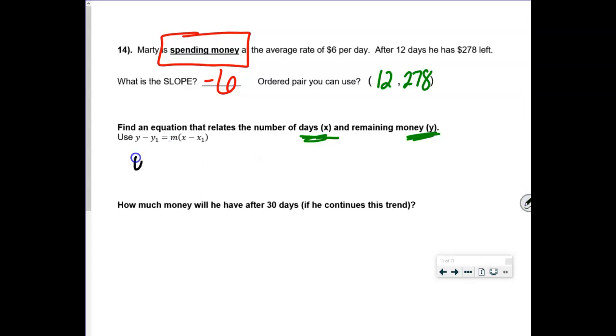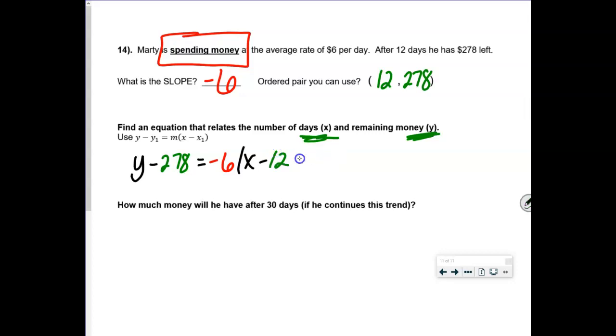Okay, point slope formula, sorry. Y minus the y coordinate, so 278, equals m, which you guys found to be -6. Good, good. And then x minus the x coordinate, so x minus 12.